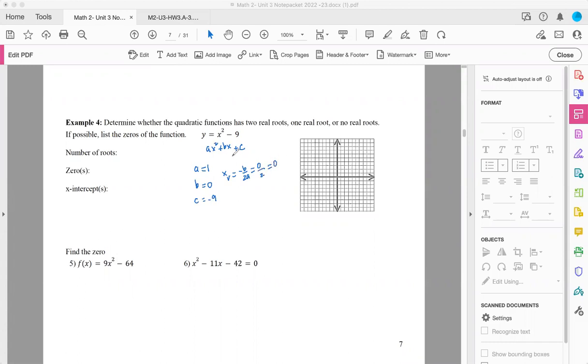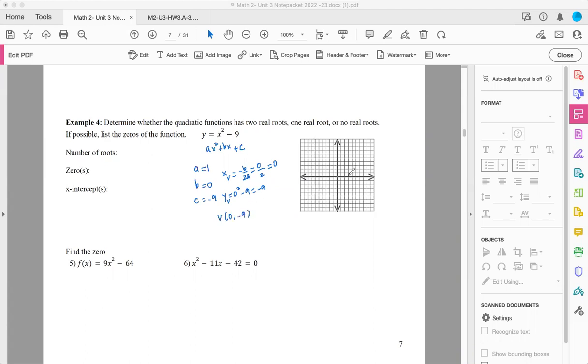And it's common: when you have x squared but you don't have a term in x, so you don't have a bx, that means your vertex has an x value of 0. And you plug that back in there. If you plug in 0, you get 0 squared minus 9, which is -9. That's the y value of the vertex, right? So your vertex is at 0, -9.